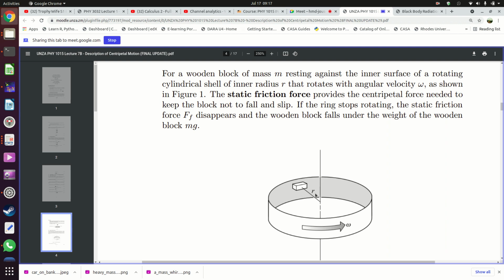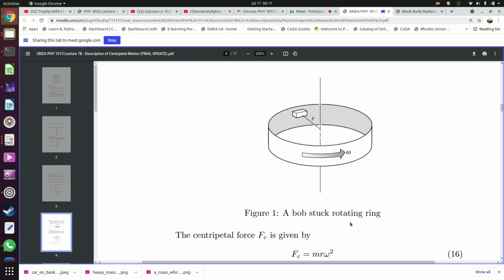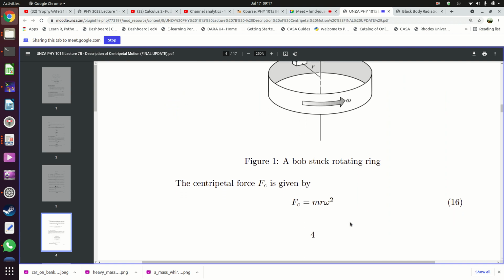Since we're interested in the angular speed of the ring, we can work out the centripetal force. Fc is equal to the mass of the object moving in a circle multiplied by the radius of the ring multiplied by omega squared.